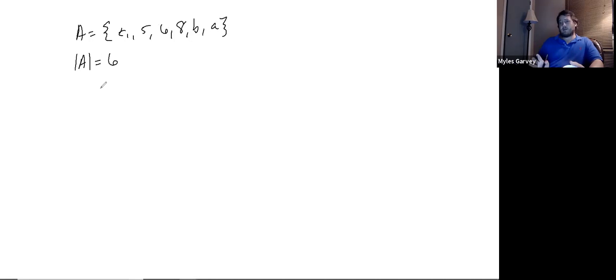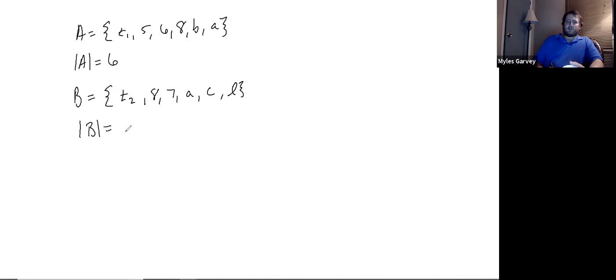And as we had mentioned, if we have two sets, let's suppose we have another set, B, {2, 8, 7, A, C, and let's say, I don't know, a weird looking L}, then the cardinality of B is also 6.